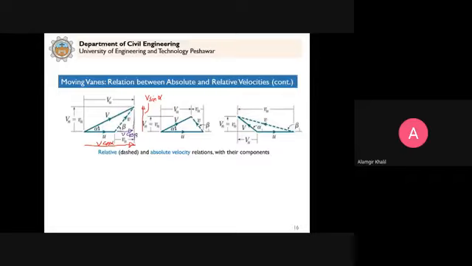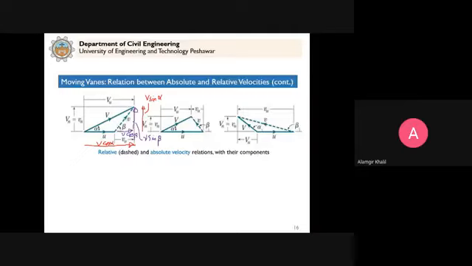And one is this other component here, which will be equal to small v into sine of beta.